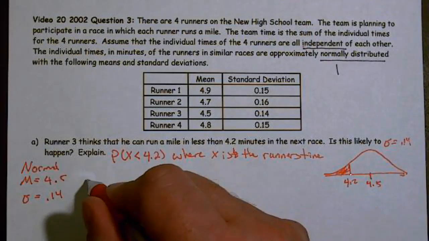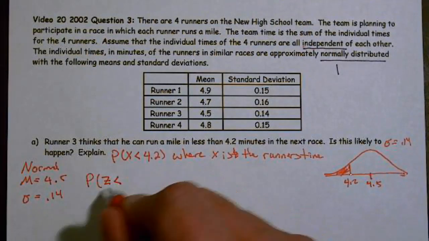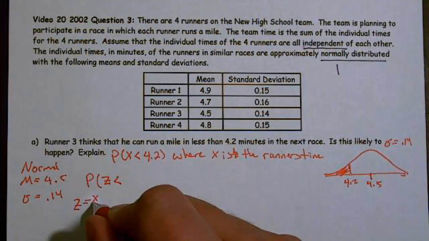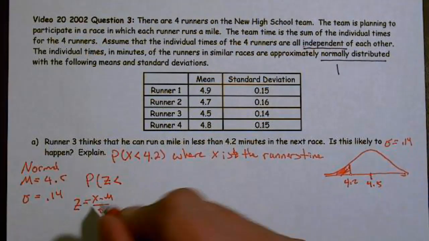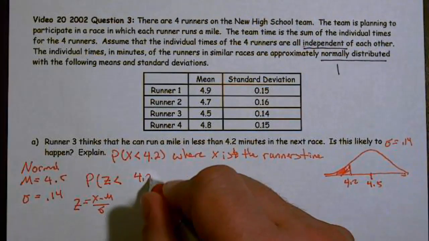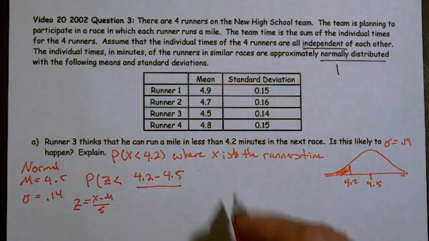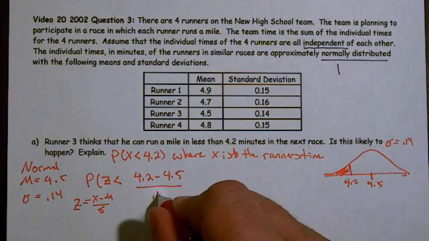We want the probability that Z is less than, because Z equals X minus mu over sigma, the probability that Z is less than 4.2 minus 4.5 over the standard deviation of 0.14.